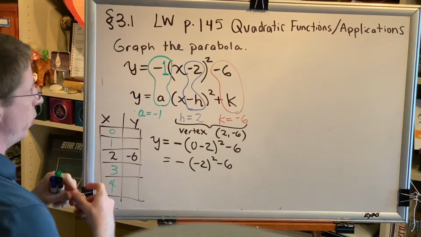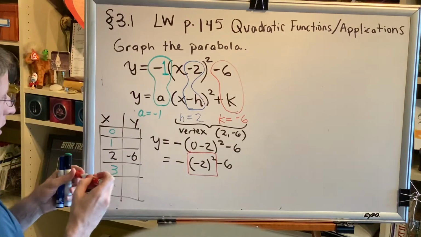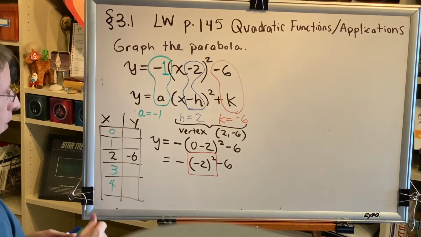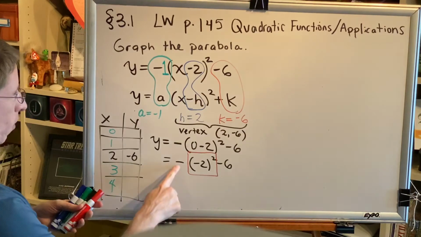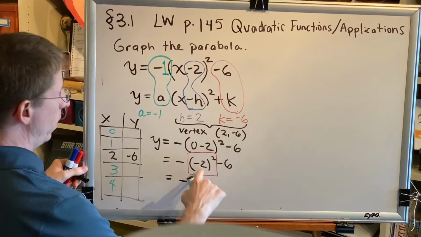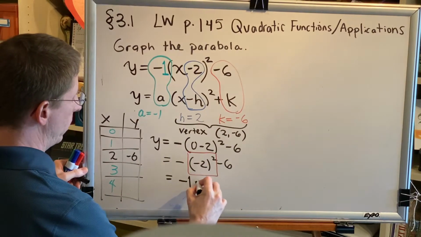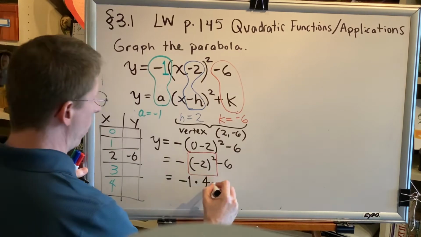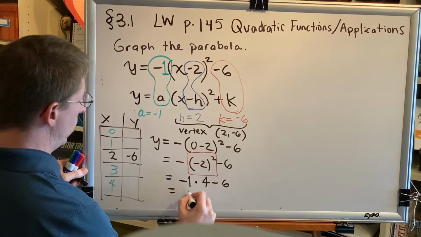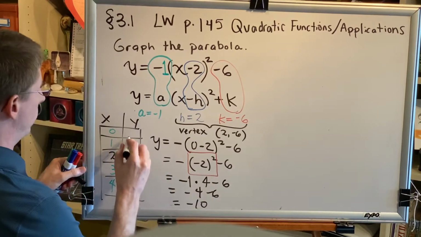Following order of operations, we have to figure out what this is first, then apply the result of the negative. Be careful. Exponents go before multiplication. So this is negative, and (-2) squared is 4. So -1 times 4 minus 6. That's -4 minus 6, -10.